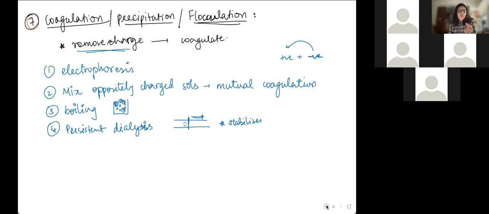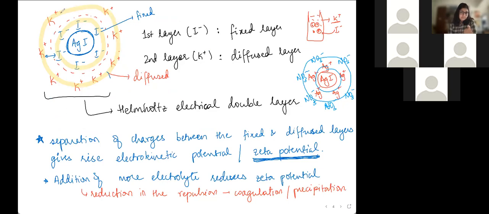In a lot of cases, like the AgI, KI solution, think of the I minus surrounding the AgI as the stabilizer, because this is the one providing the charge that contributes towards the stability.